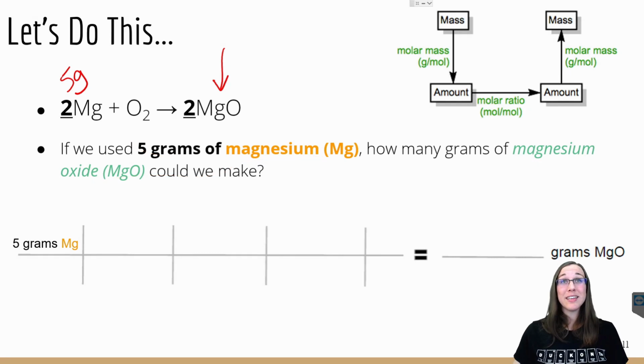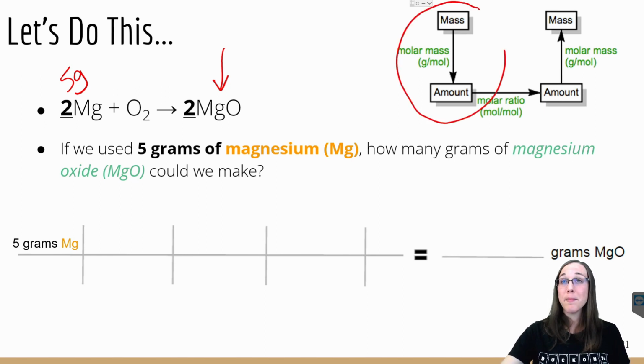I'm going to set up the skeleton pattern that you will see anytime you go from grams to grams. So if we're going from grams of Mg to grams of MgO, we first need to get rid of grams of Mg. The only way we can do that is by using our molar mass. Just like from our graphic organizer on the previous couple slides, if we're going from mass to an amount to a mole, we have to use molar mass.